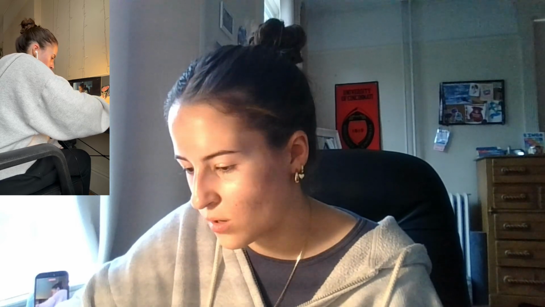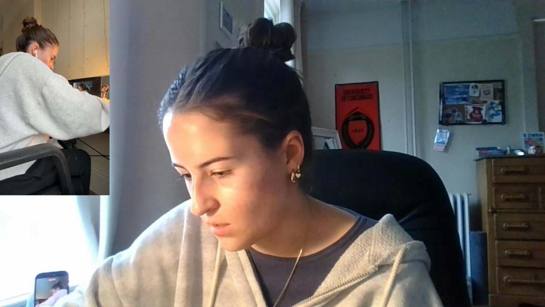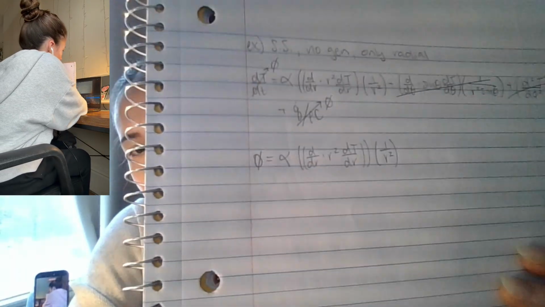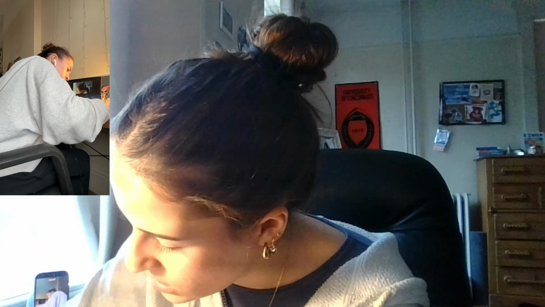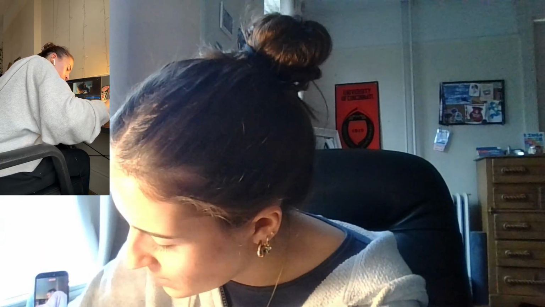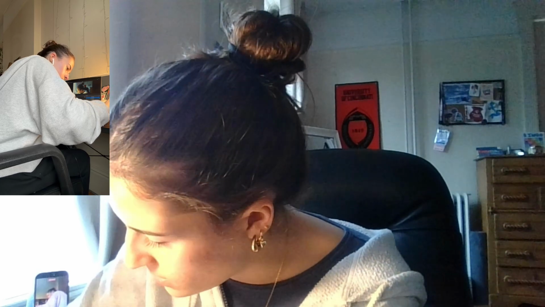Let's rewrite this. 0 equals thermal diffusivity, d over dr times r squared dT dr, times 1 over r squared. So we can get rid of both the thermal diffusivity and the 1 over r squared because it'll get consumed by that 0. And this will simplify further into 0 equals d over dr r squared dT dr.